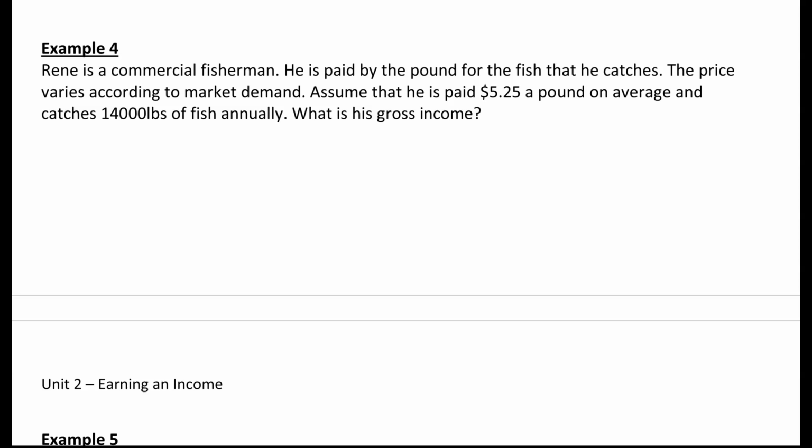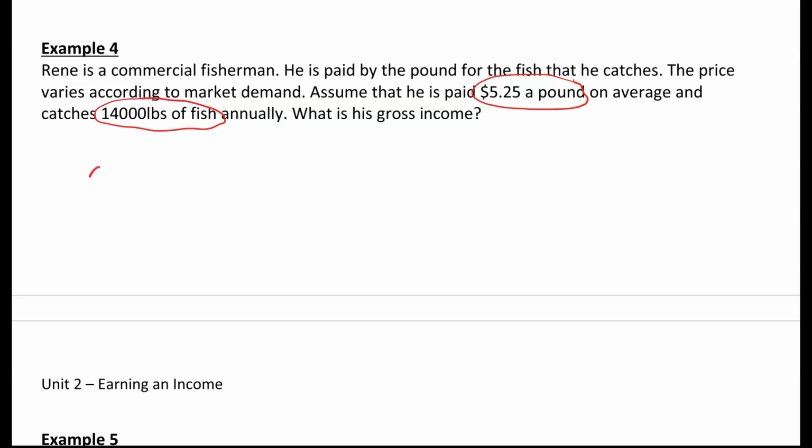So like the previous questions, we're going to highlight the important information. So it's $5.25 a pound, and it's 14,000 pounds of fish. So those are the two important things that we need out of this sentence here.